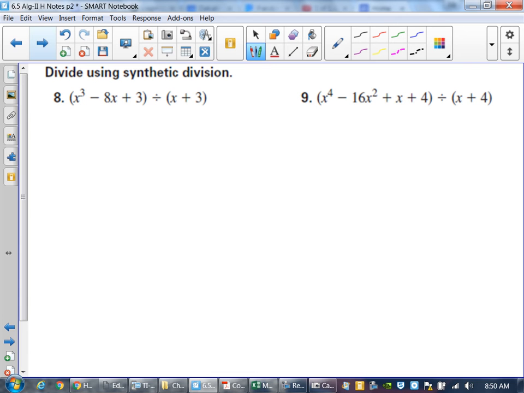It's a third degree polynomial, which means it should have 4 terms. But it only has 3 right now, so we have to write it out with a placeholder. What's the 0 of x plus 3? Negative 3. My coefficients are 1, 0, negative 8, and 3.